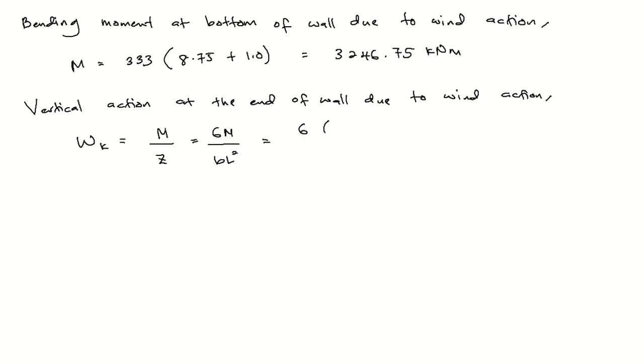So 6 times 3246.75 divided by B is 1 meter, L is 15 square. Okay, you will get 86.58 kilonewton per meter. So this is your WK.